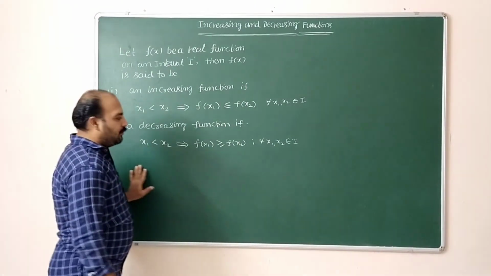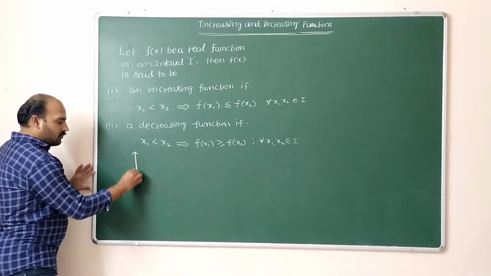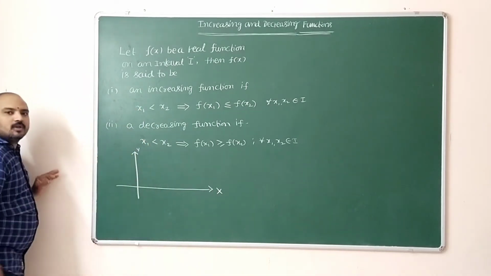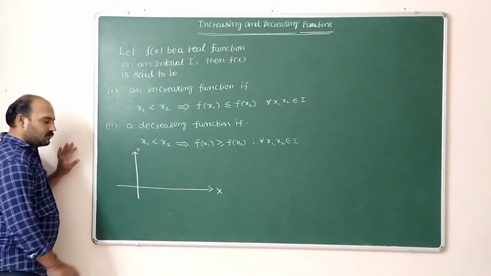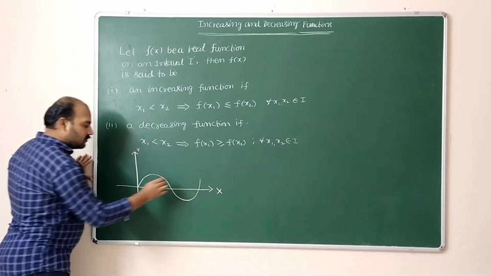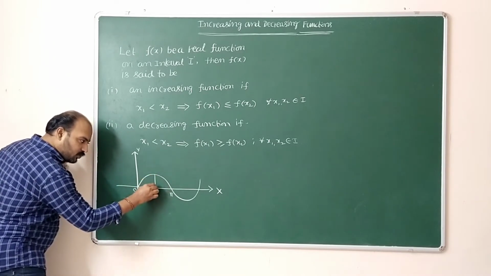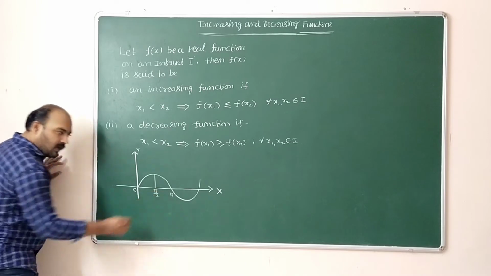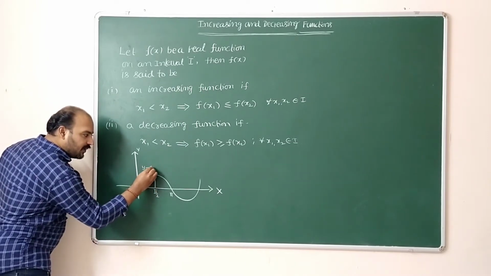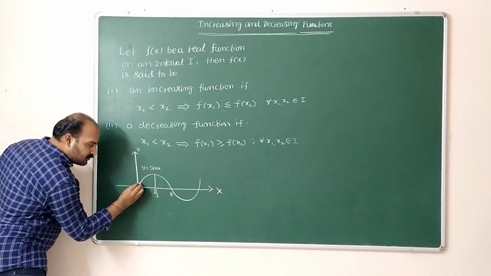Suppose, for example, by observing the figure also, we can say that if you take the sin x function, the sin x function is passing through the origin. So this is 0, this is pi, this is pi by 2. By observing this figure, the curve y is equal to sin x is increasing from 0 to pi by 2.